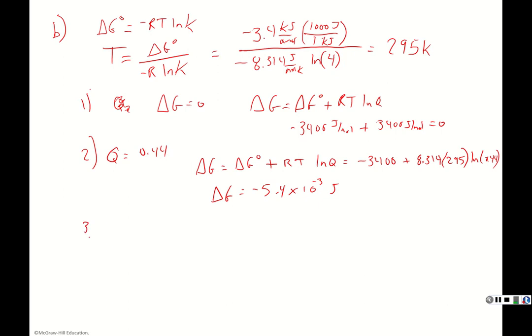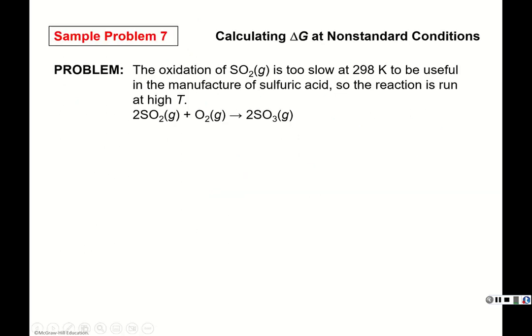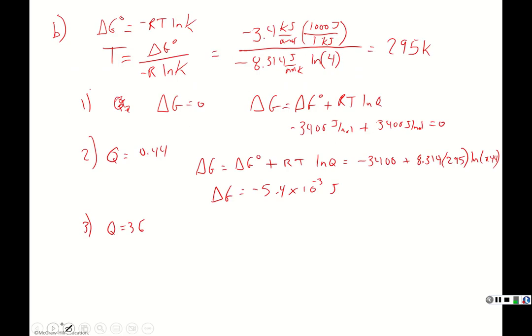And then finally, scene 3, Q equals 36. So if we plug that in, same equation, minus 3,400 plus 8.314 times 295 times the ln of 36.